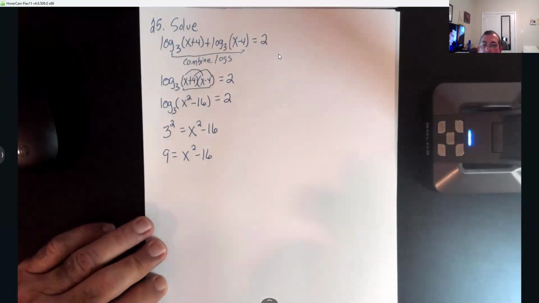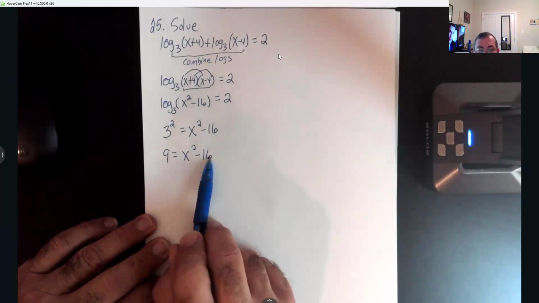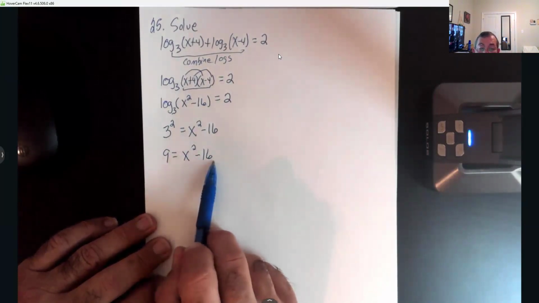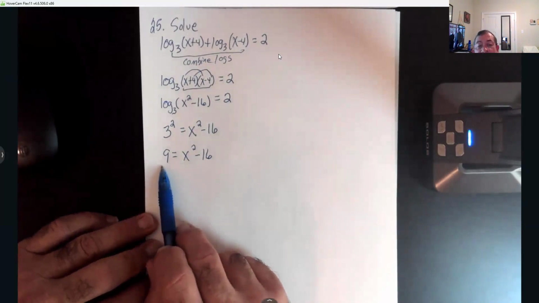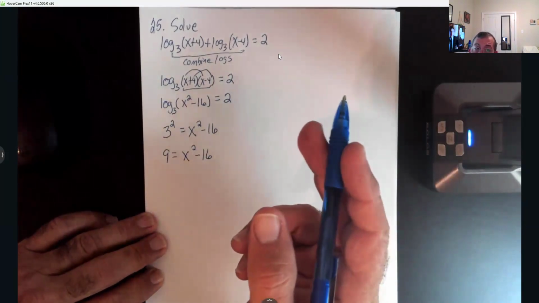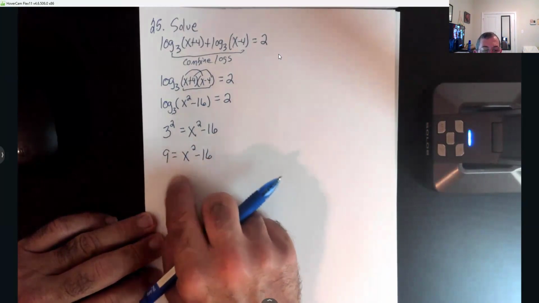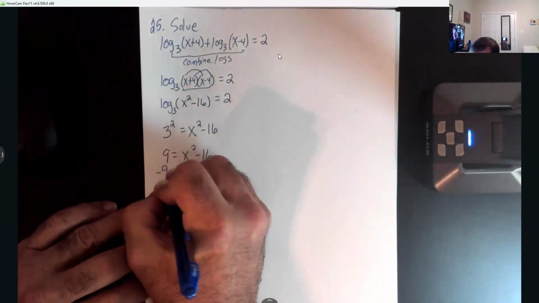So y'all, at this point, you can do two things. You can pull the 9 over here and solve this one by factoring, because you're going to have perfect squares. Or you can add 16 to both sides and take square roots. Usually I would add 16 and do square roots, but let me do it the other way this time.